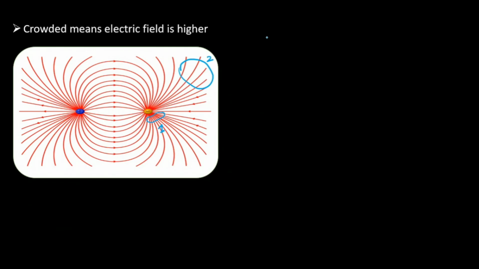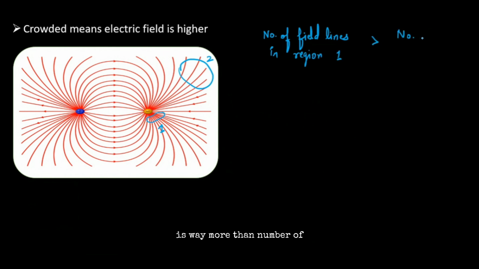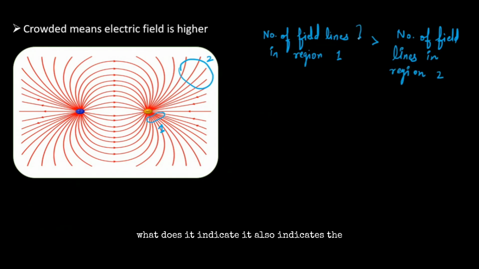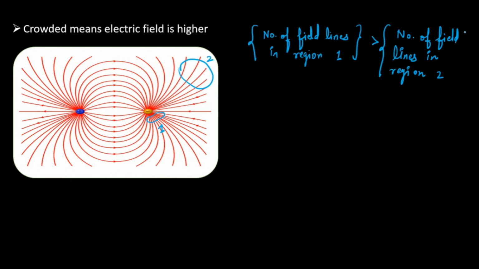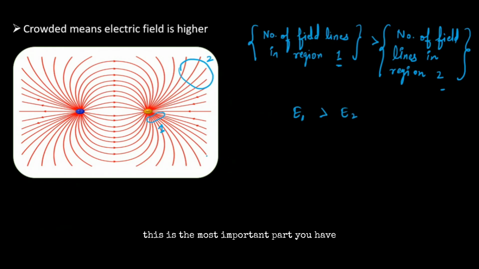Here you can see that the number of field lines in region 1 is way more than the number of field lines in region 2. What does it indicate? It also indicates the strength of the field in those two regions. So we can say the field at region 1 must be greater than the field at the second region. This is the most important part you have to understand about electric field. As the field lines get crowded at a particular spot, it means that the field strength at that point is huge.